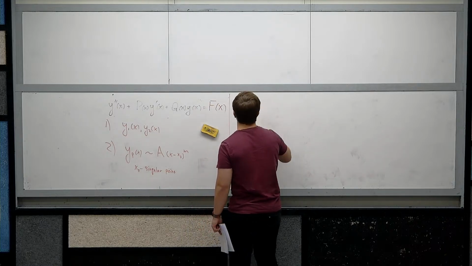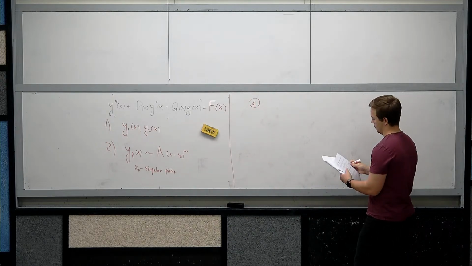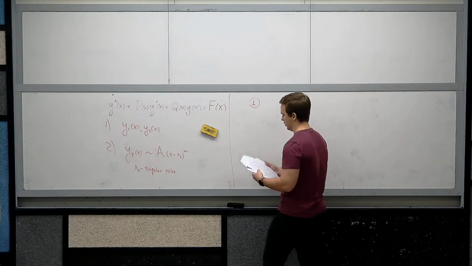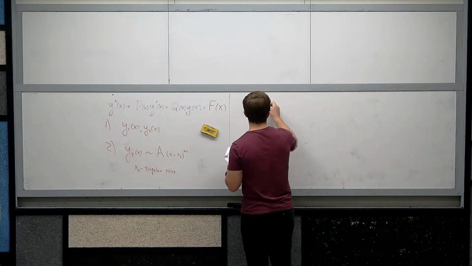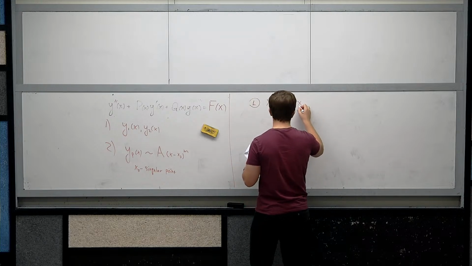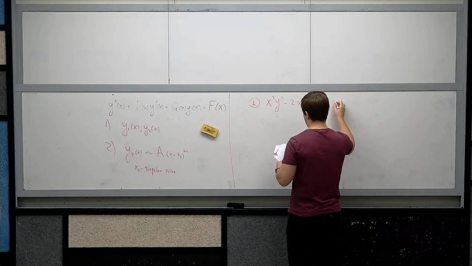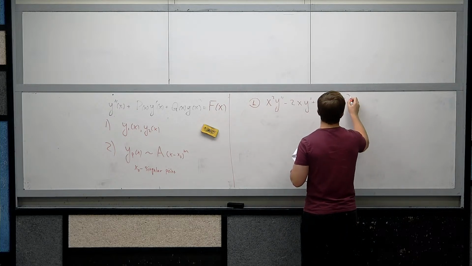Let's begin our warm up with something really simple. The first example will look like this: x squared y double prime minus 2x y prime plus 2y equals x cubed.